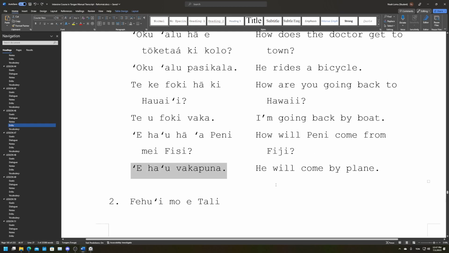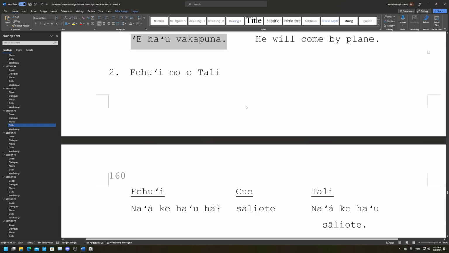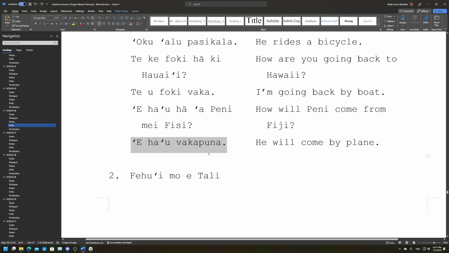Ha o pakapuna. Good. Yeah, so wakapuna kind of just means jumping or flying boat, and that's the Tongan word for airplane.